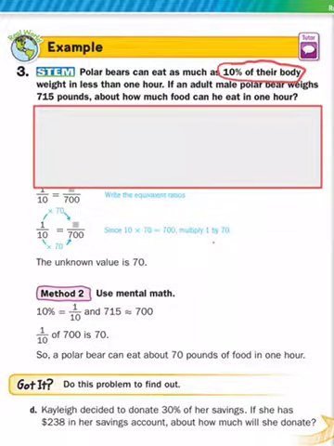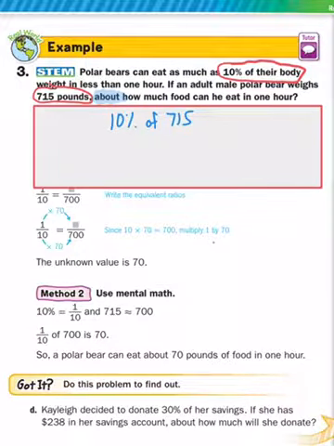If an adult male polar bear weighs 715 pounds, about how much food can he eat in 1 hour? So, why do you think it's going to be estimating? Did you see this word here? About. That's a good hint sometimes that you're going to be estimating a problem. So we need to figure out about how much 10% of a 715 pound polar bear is.